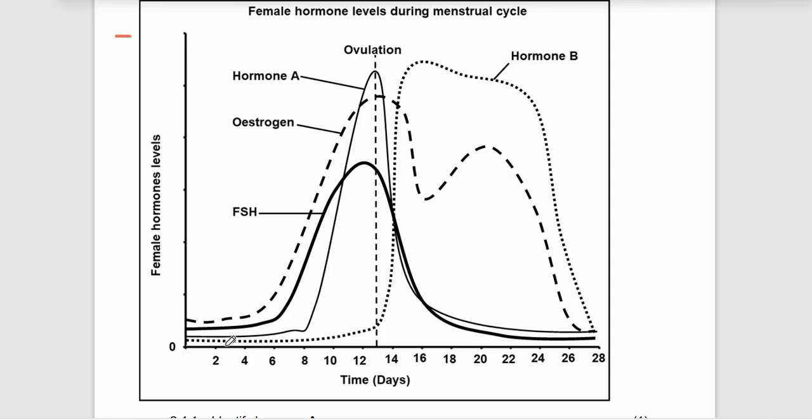Is the hormone level up, or is it very low, meaning that it's down? You can look at it that way. So we have various different hormones being illustrated in our diagram here. I think you understand everything.